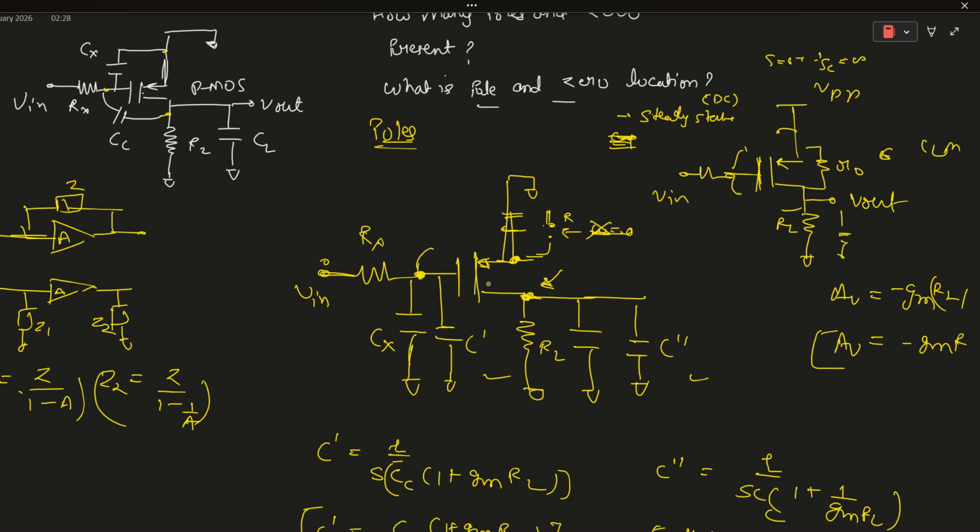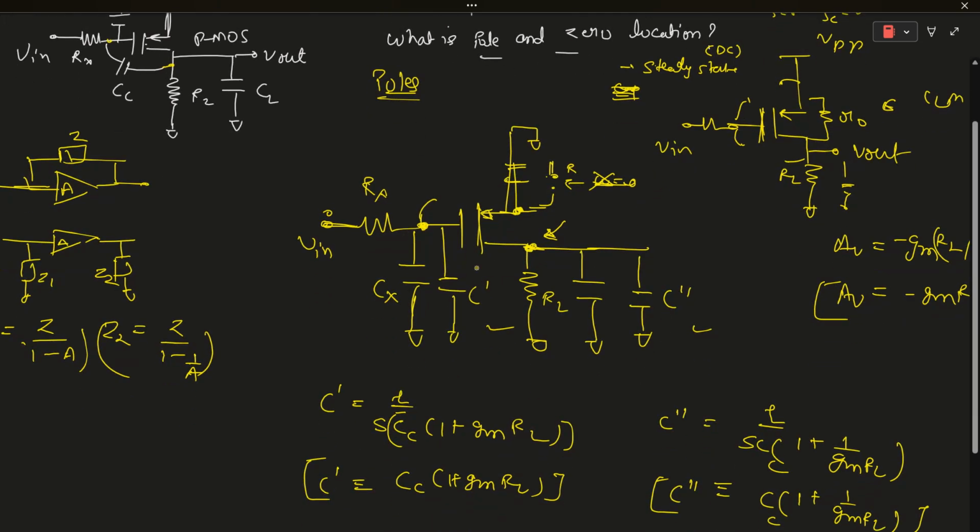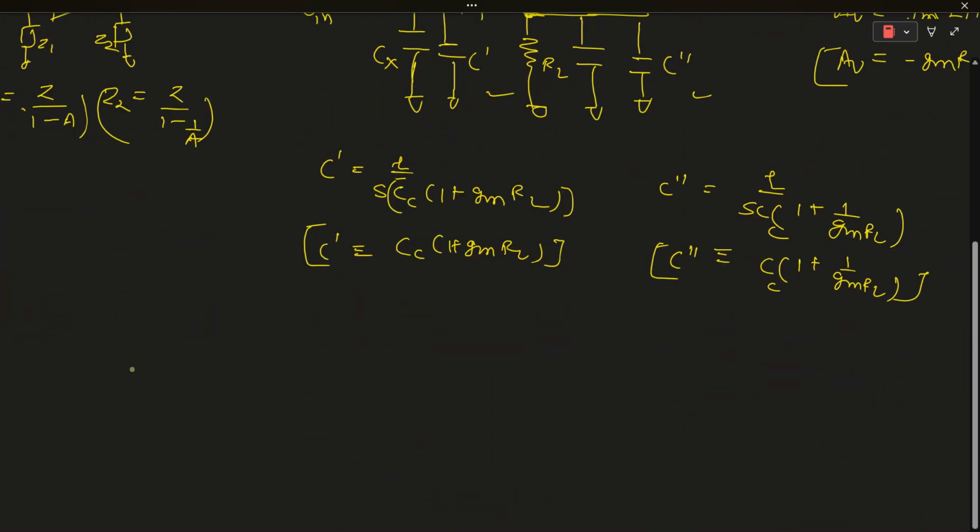So always find the number of nodes, and the number of nodes is equal to the number of poles. This is our intuition. For this pole I am denoting 1, and this pole 2. For pole 1, the pole frequency is based on R equivalent and C equivalent.